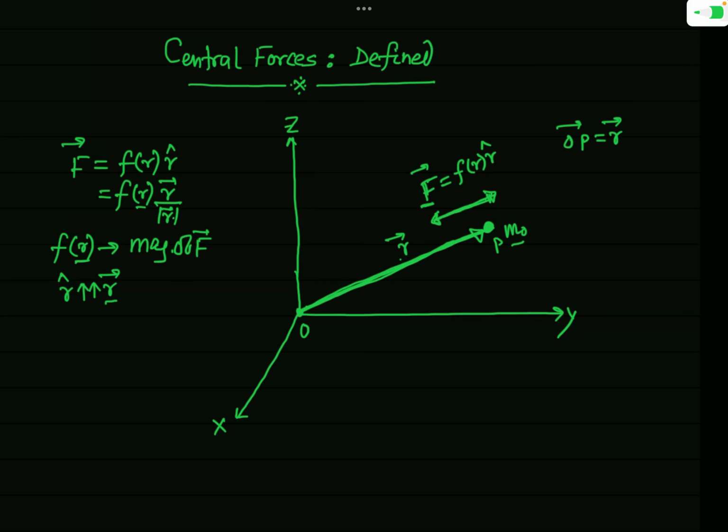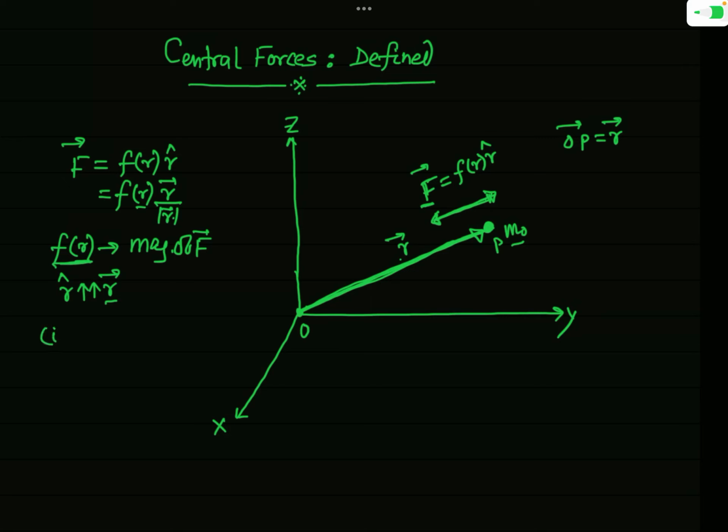You know it. Now, this central force acting on this particle m0 may be either attractive or it may be repulsive. And that completely depends on the value of this F of r. So there may be two situations.